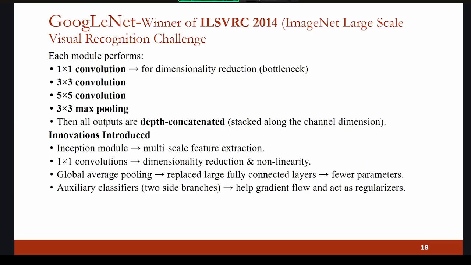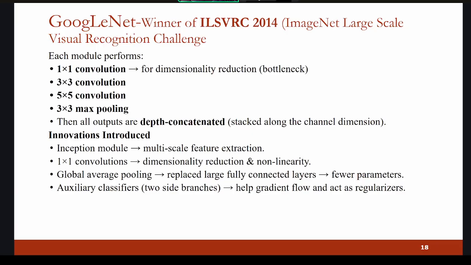When they did this in parallel, they were able to reduce the dimension, that is, reduce the number of parameters that are being learned. Depth wise, they were applying a 1x1 convolution filter. In that case, they were able to bring down the number of parameters minimally when compared to the previous architecture.